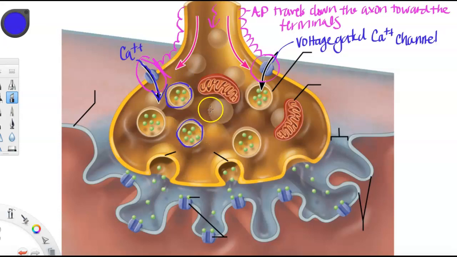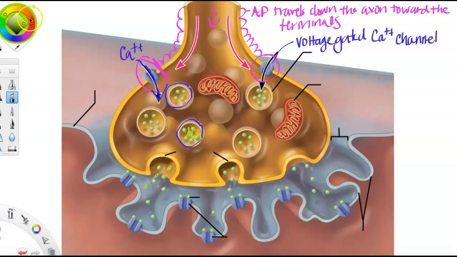And what's inside these vesicles? If you said acetylcholine, you are right. These vesicles go down towards the bottom of the axon terminal, and they bind there and exocytose. They open up and release the acetylcholine into the cleft.